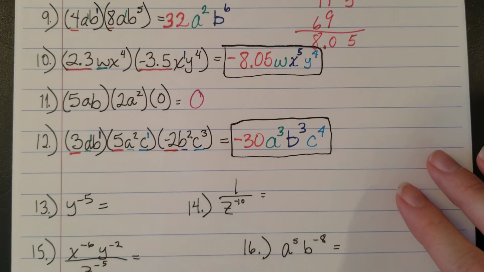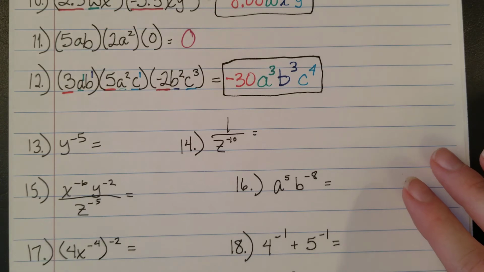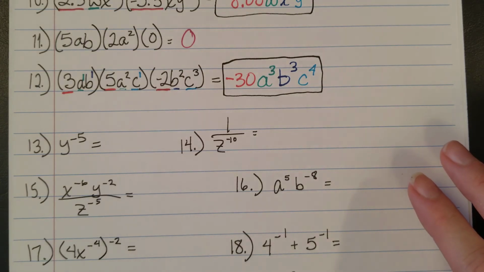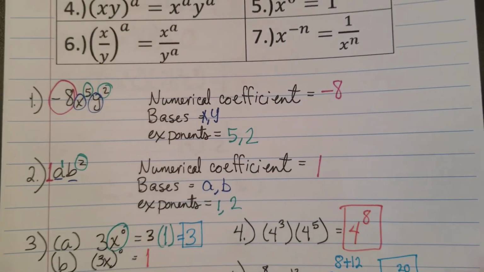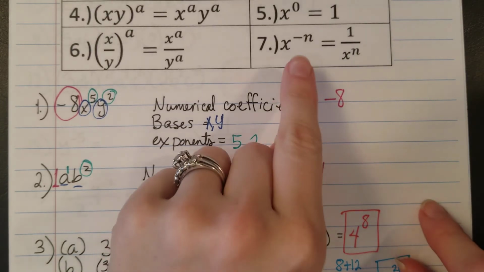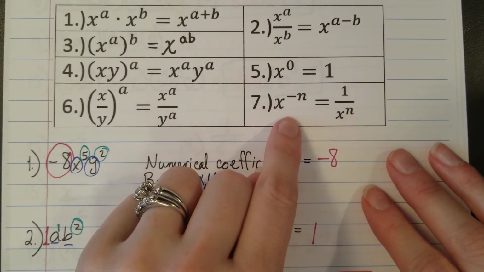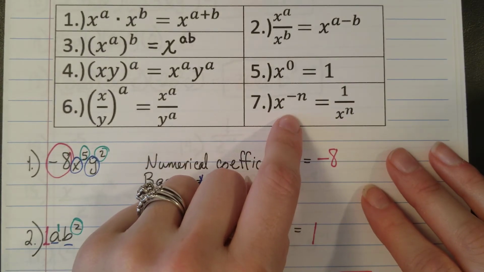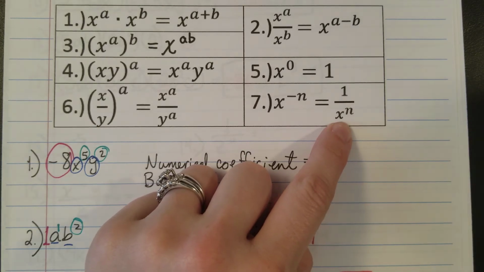Okay, next we're going to look at what to do with negative exponents. All right, so looking back at our rules here, rule number 7, x to the power of negative n equals 1 over x to the power of n.